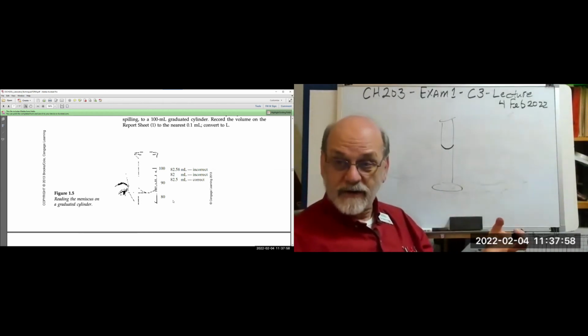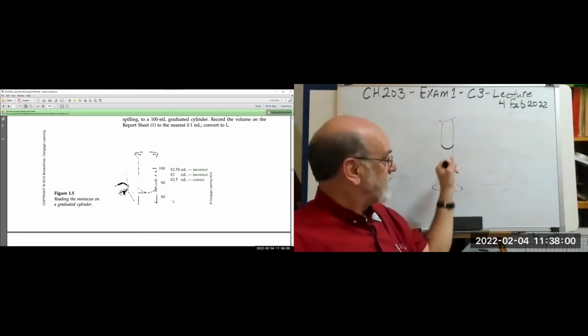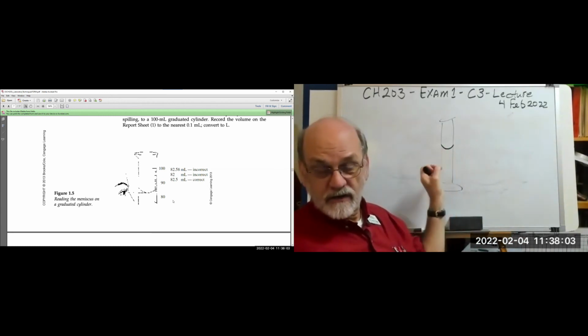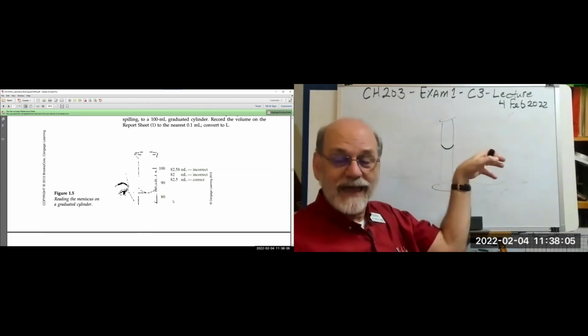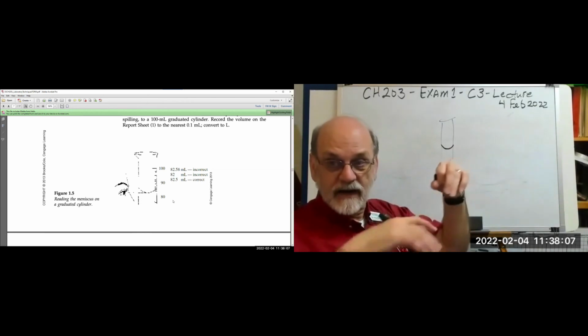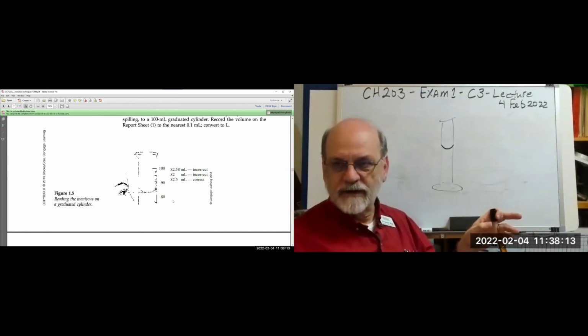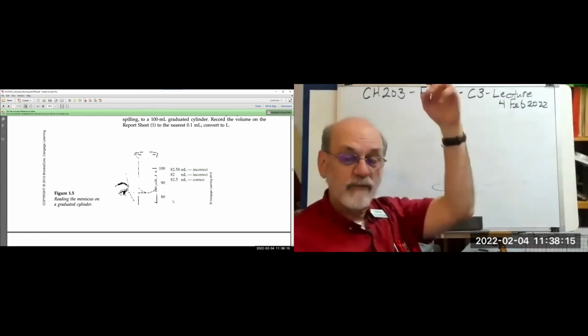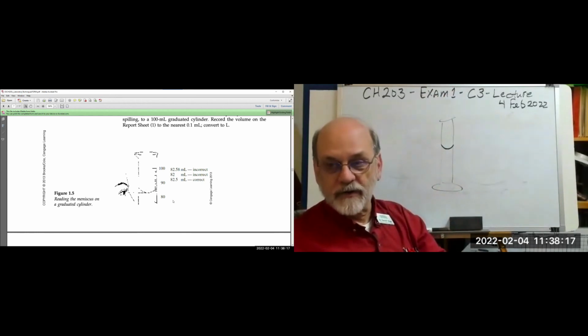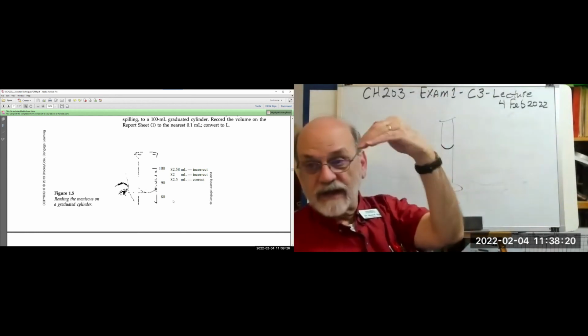The other way around, if the attraction is greater inside the material than it is for the material and the container, then it'll go the other direction. And that's what you see with mercury. If you've ever seen a mercury barometer, which measures air pressure with a column of mercury, you look at the top of the mercury in that column, and it'll be like this.